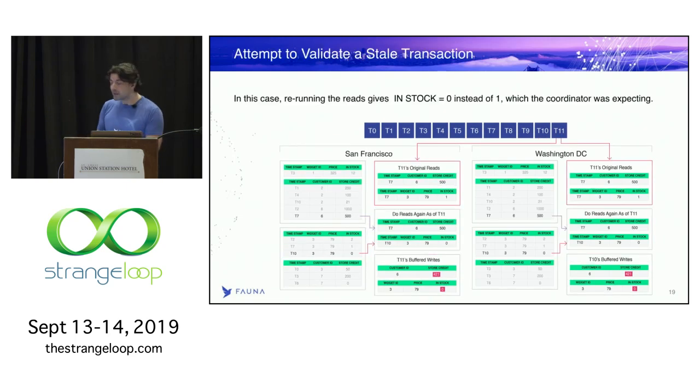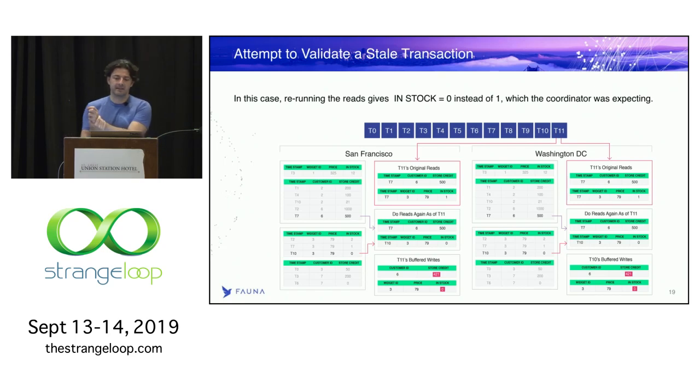And now the next transaction, T11, comes along, and both replicas are running it, and they are reading, and they do the same thing. They need to reread the data at timestamp 11. And what they will notice is that there is a difference, because in the case of T11, the row for the widget and the value for the stock in there already has a new timestamp, T10, and it was read at T7.